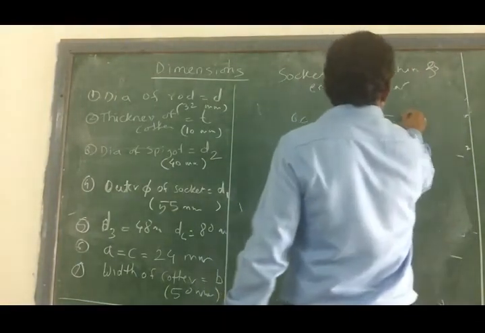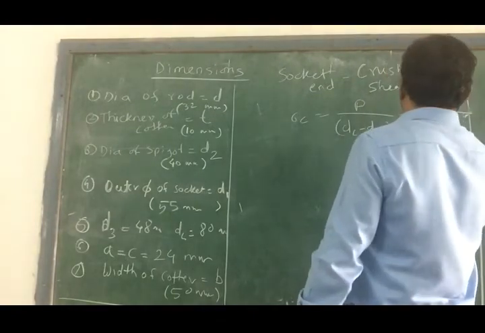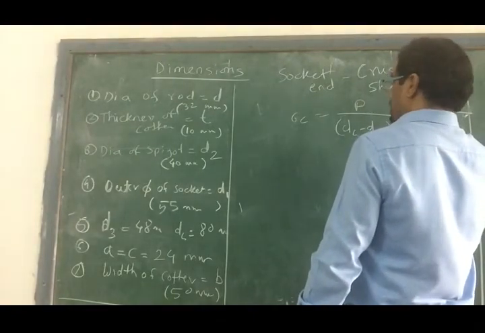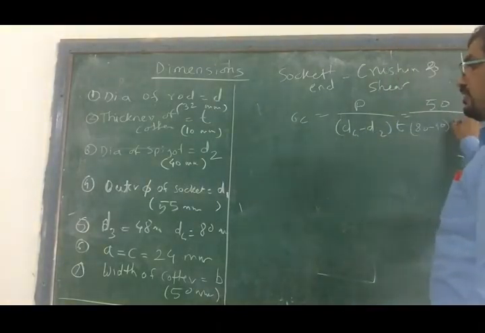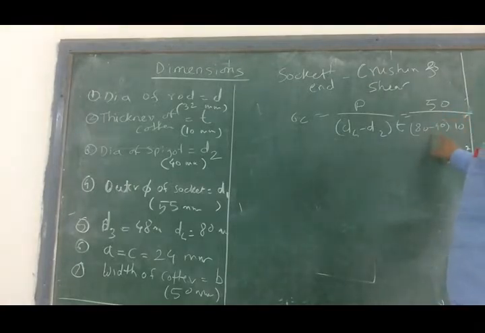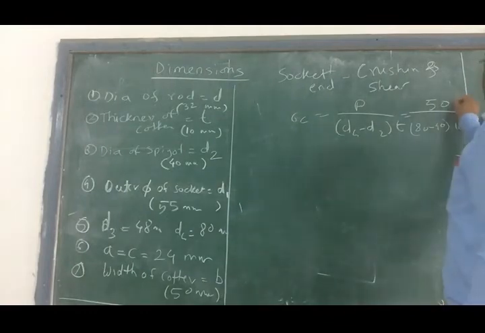P is 50, D4 is 80 minus D2 is 40, into T, the thickness we got, 10. So 50 upon 40 into 10, that is 50 upon 400, so basically 50 into 10 raised to 3 upon 400, 125.